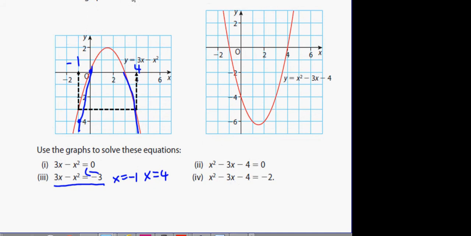This is our equation here. Okay? So what's the answer to the first one? Y equals? Yeah. No, sorry, this one here. Y equals 0. Which is? -1 and 4. Okay. And what about the next one?